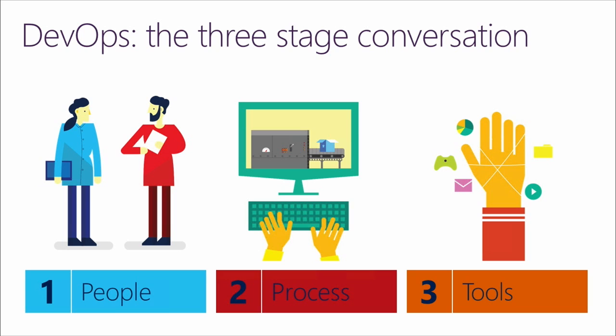They're working on different tools, or there may be a change request that takes a month to get approved for anything to go to production, right? So these are all kinds of things that can inhibit DevOps.